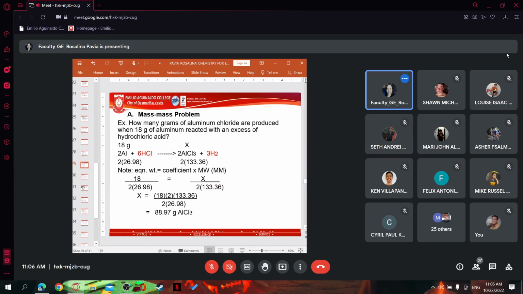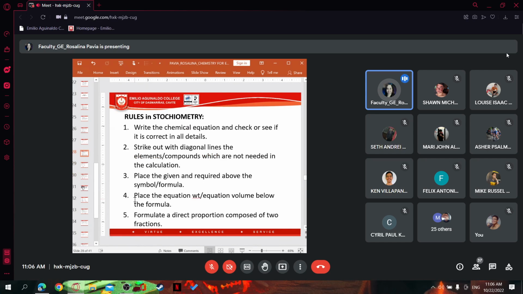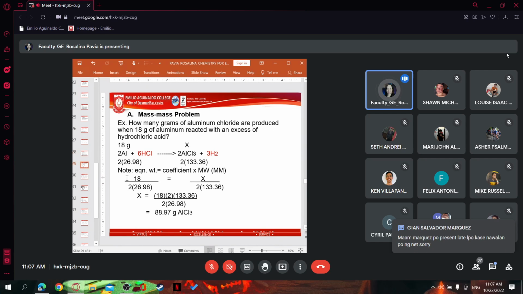Yun yung nasa rule natin. Ayan, oh. Rule number 4. Equation weight or equation volume below the formula. But in here, for mass, we will be dealing with the mass of zinc and the atomic mass of zinc.